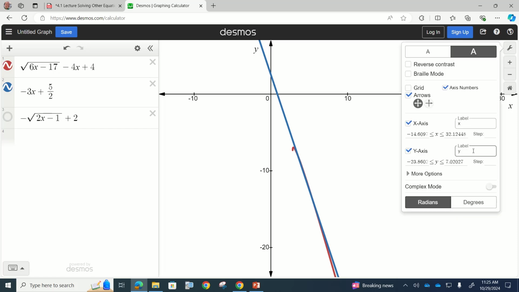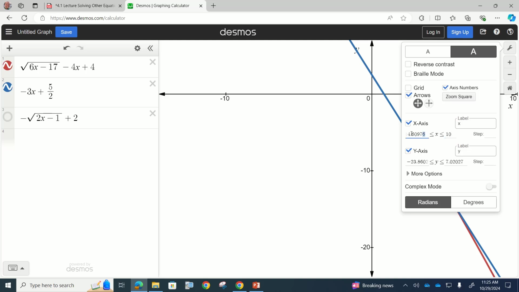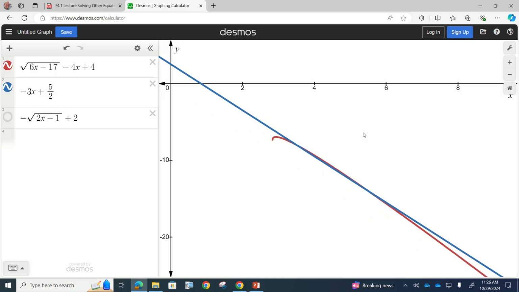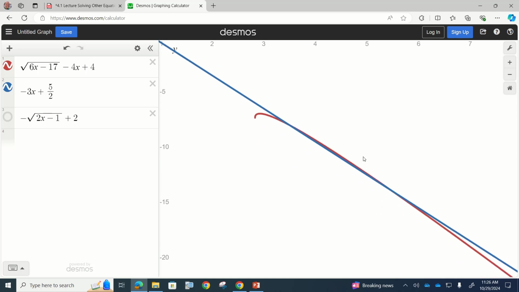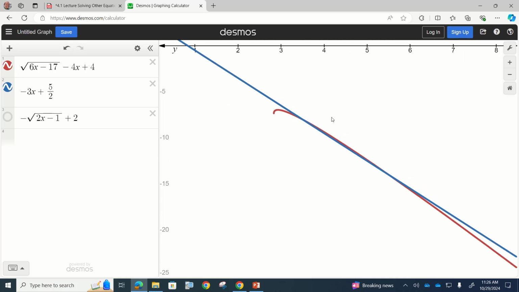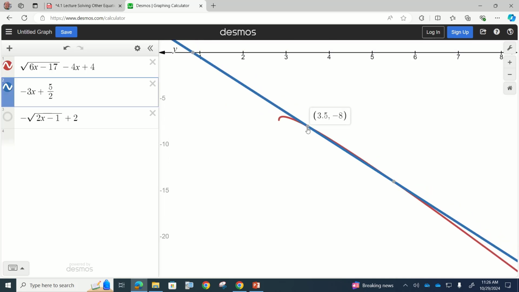I know there's a way I can make this easier to see. Or so I thought. It was very close. Okay, well anyways, these curves intersect at an x value of 3.5, or 7 over 2.